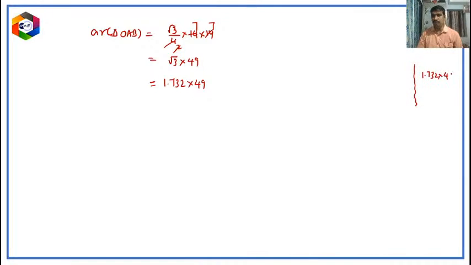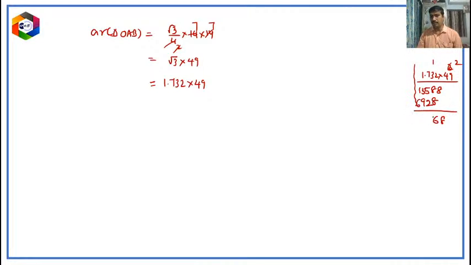1.732 into 49. 9 2s are 18, carry 1. 9 3s are 27 plus 1, 28, 2 carry. 9 7s are 63 plus 2, 65, 6 carry. 9 1s are 9 plus 6, 15. Now 4 2s are 8, 4 3s are 12, 2 carry. 4 7s are 28 plus 1, 29, 2 carry. 4 1s are 4 plus 2, which is equal to 6.